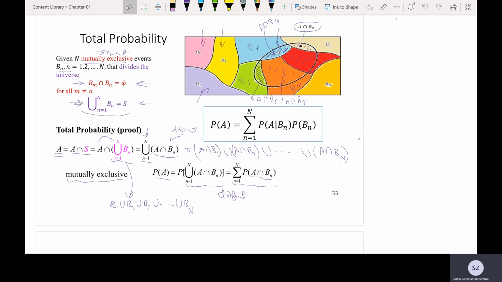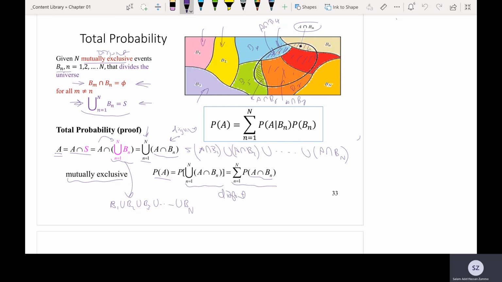In this case, the probability of A will be the summation of the probability of A intersect every one of these B1, B2, and so on. And we went through the proof. Why is this the case?